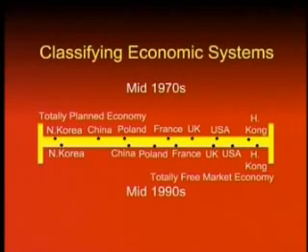Two other interesting things that this slide contains is how countries have had different systems or evolved their systems over time. So look at Poland, for example. Poland was a country which was towards the planned side of the spectrum. This was before the breakup of the Soviet Union. Poland was under the influence of socialist policies.